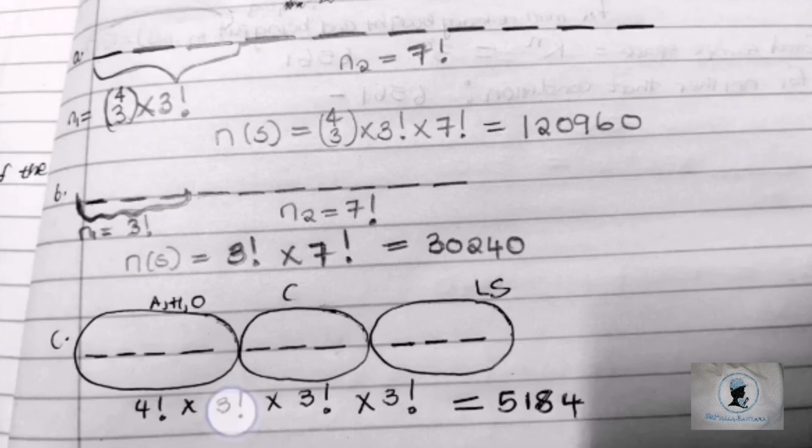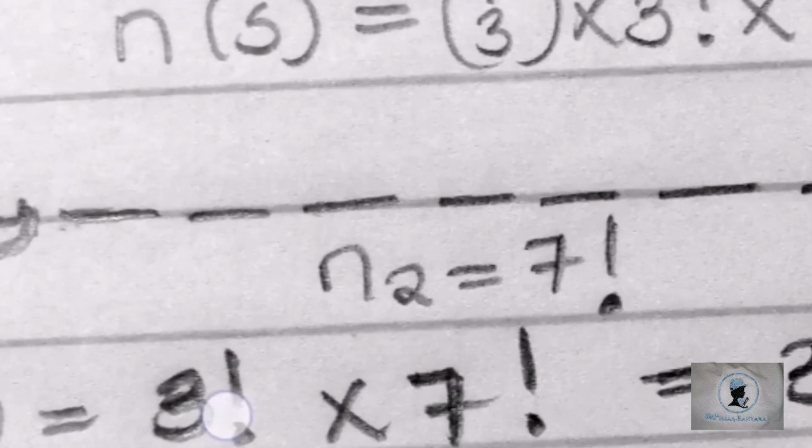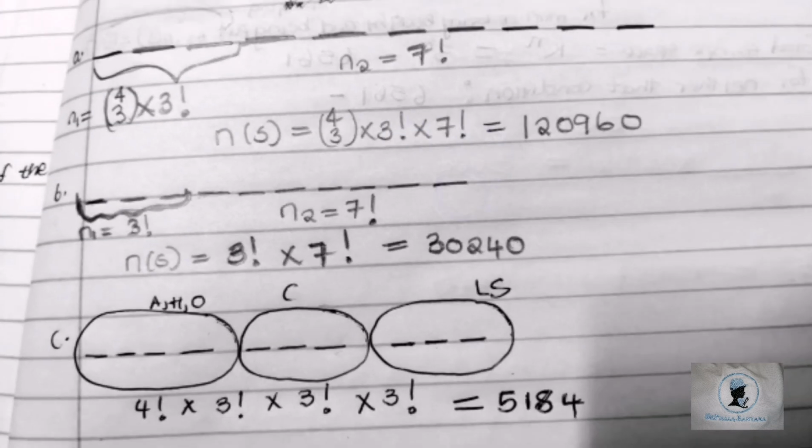So we have 3 factorial for those refrigerators in this circle. And then we have 3 refrigerators that have less serious problems. So we have this 3 factorial for the refrigerators that are in this circle.